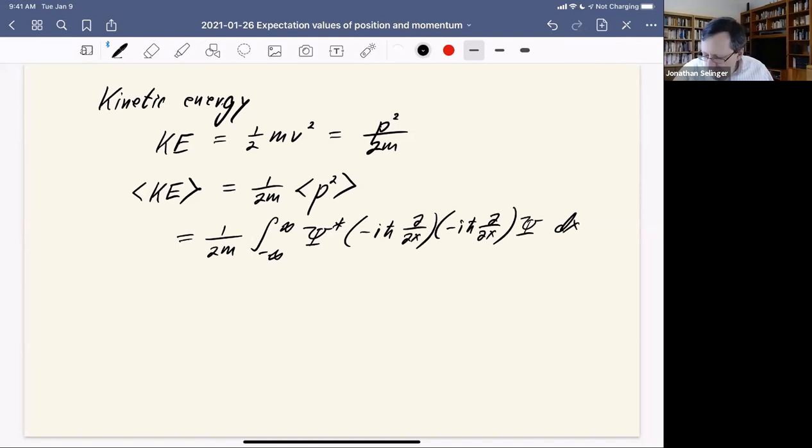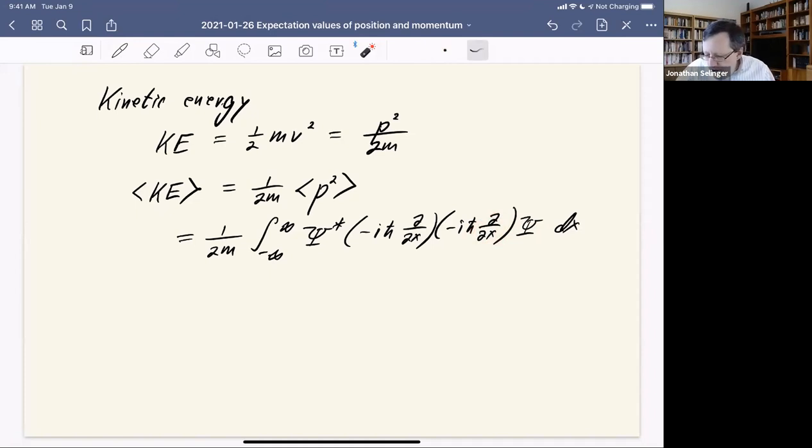So what does this produce? Well, one derivative acting on psi makes the first derivative.